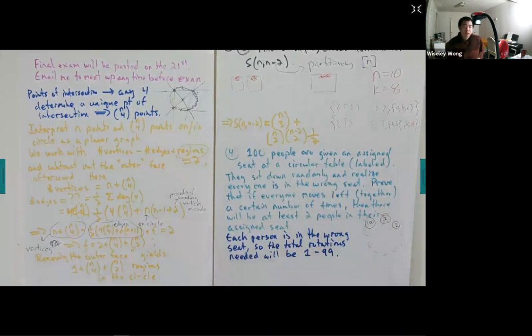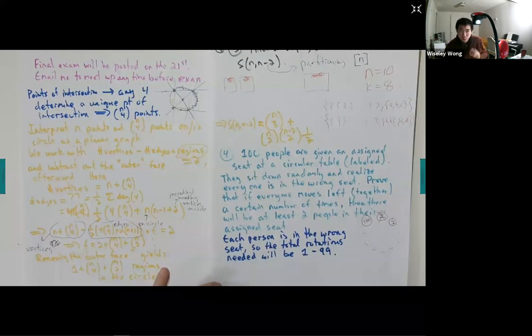And so if everyone writes down exactly what this number is, how many times they need to rotate, well, there's 100 people, but only 99 numbers, so 2 people must have written the same number down.